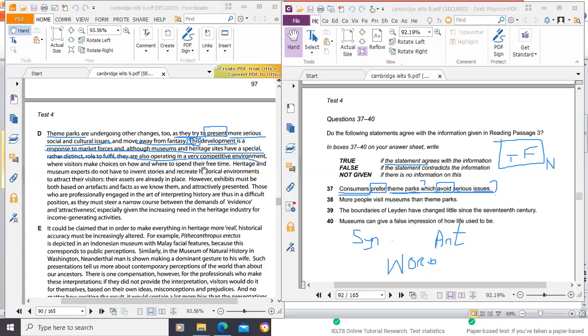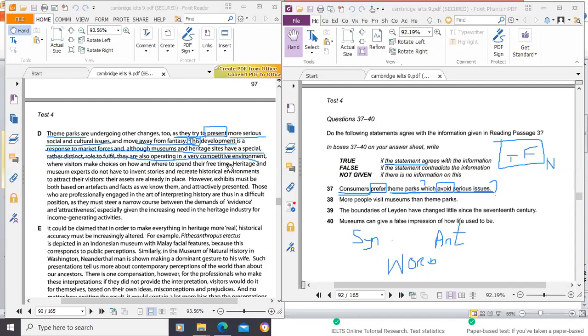So let me read through. Heritage, and do not have to invent. They have moved away from theme parks here. So you can as well just not look at what happens from here. The information in this passage is from the beginning to this point. So, where visitors make choices on how and where to spend their free time.